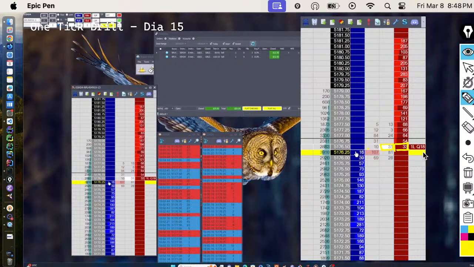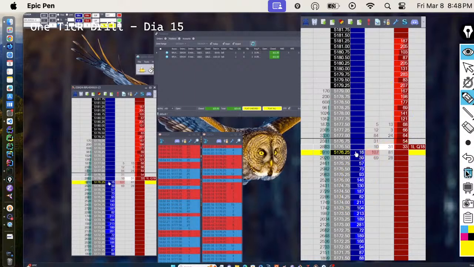But the idea is to always be looking at this one, the spread, looking at what is happening at these two prices. So your eye must be looking at this and this one, a little bit on this one, and a little bit on this one. So this is what you need to look at.